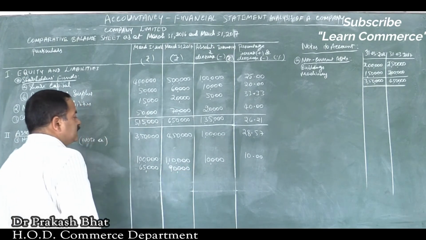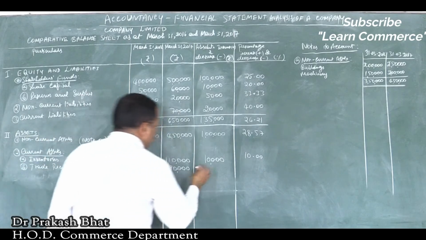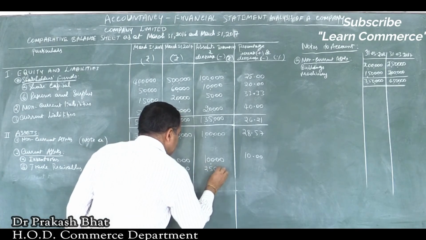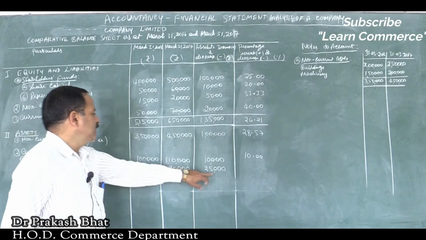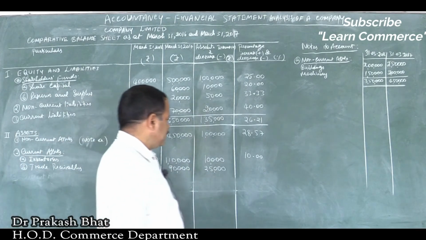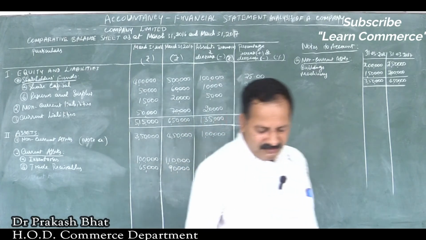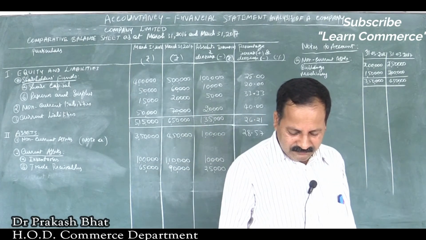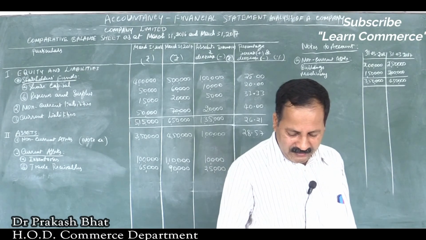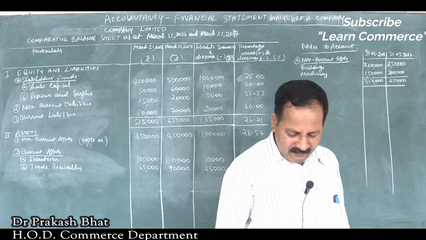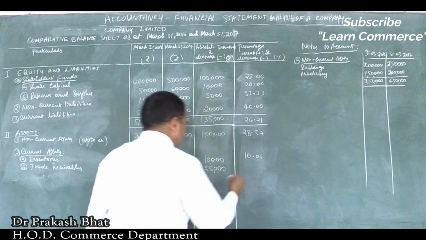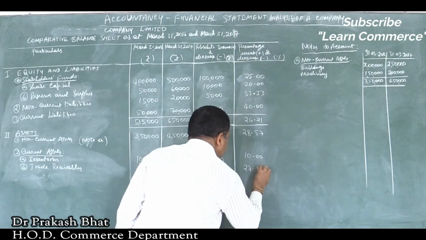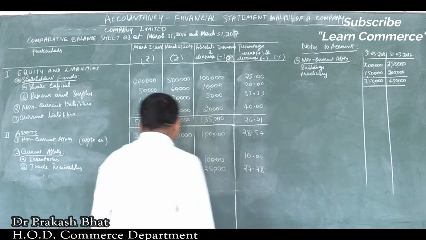So there is an increase of how much? 25,000, correct? Yes, 65, 70, 90, it is 25,000 increase. So calculate the percentage. 25,000 into 100 divided by 90,000, that is 27.78. This is the percentage.